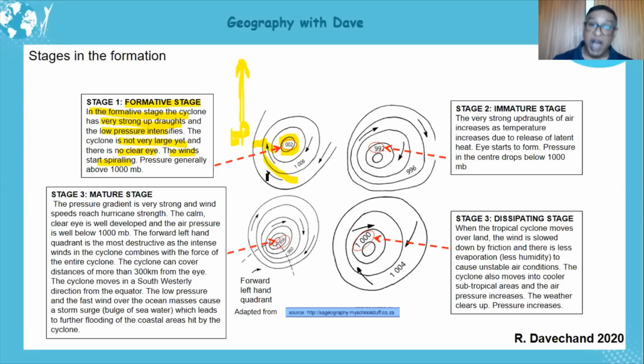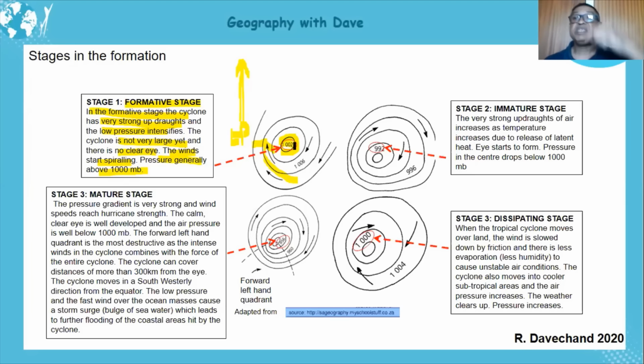Pressure is generally above 1000 millibars. It's not that intense yet. You can see in the so-called eye the pressure is above 1000, generally speaking. There's not massive movement, but it's starting to form.